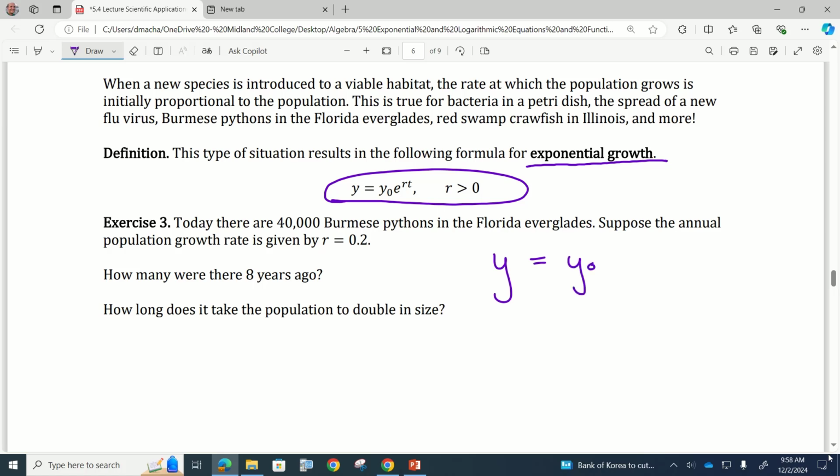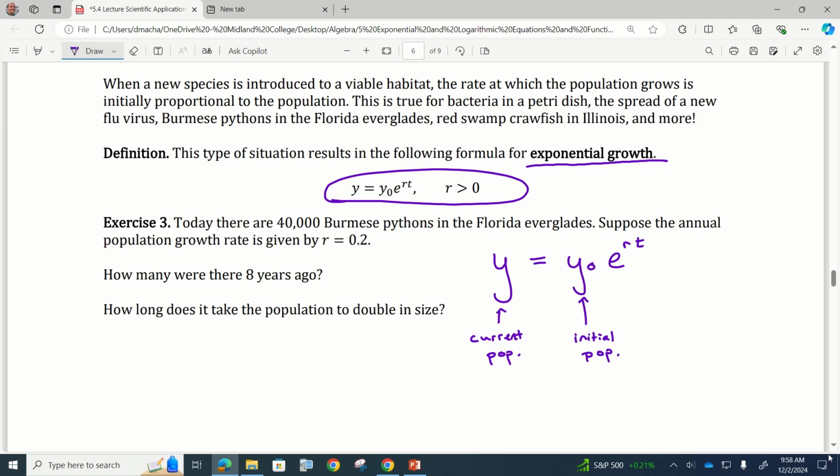The y on the left side of the equation, that's the current population. The y with the subscript 0 here, that's the initial population.